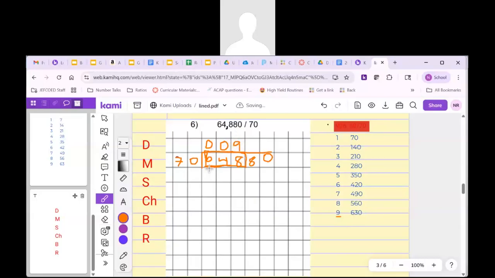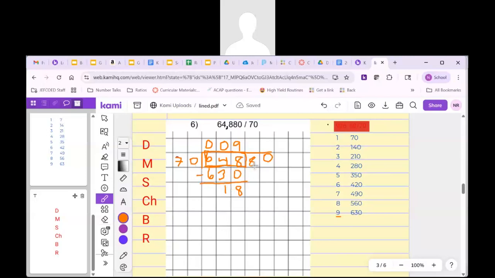Okay, 9 times 70 is 630, right? Okay, so now I subtract. 8, 4 minus 3 is 1. I check. Whoops. I check to make sure that 18 is less than 70.